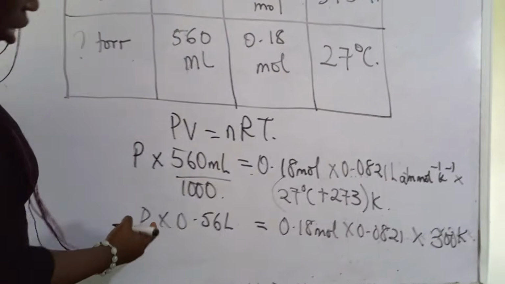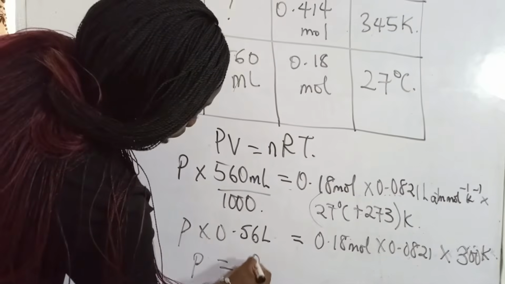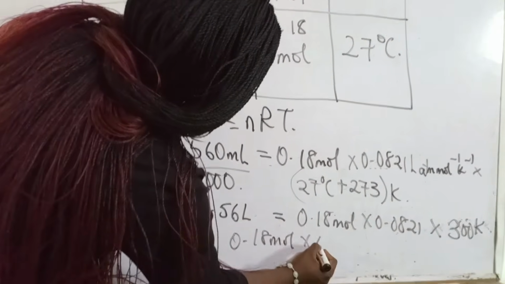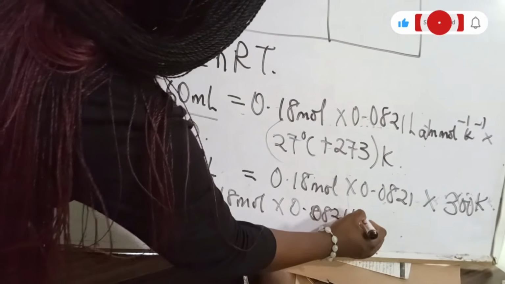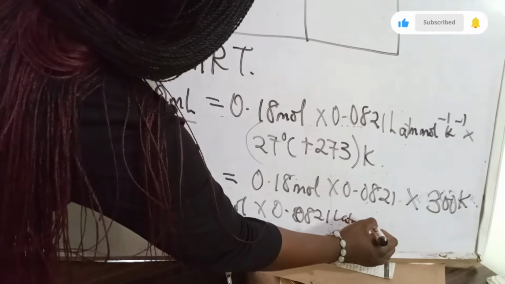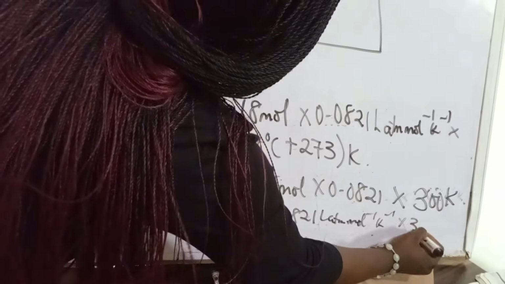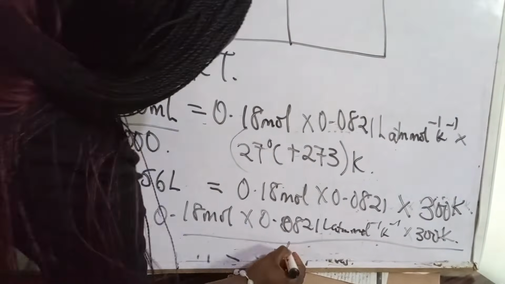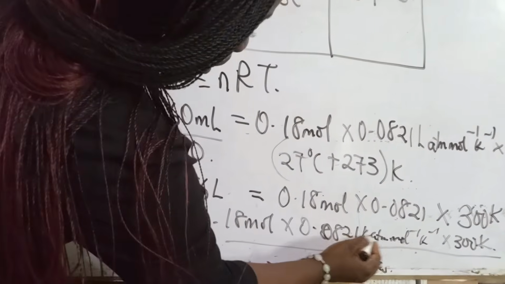So make P the subject of the formula. It means P will be equal to 0.18 mole times 0.0821 liter atm per mole per Kelvin, then times 300 Kelvin divided by 0.56 liter. This liter will cancel this liter.